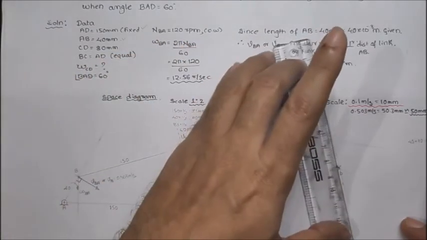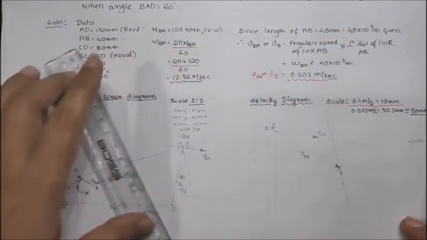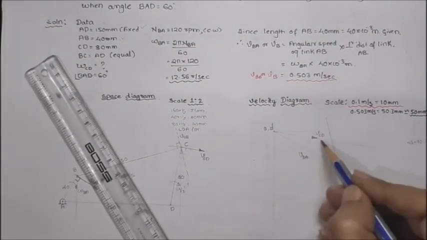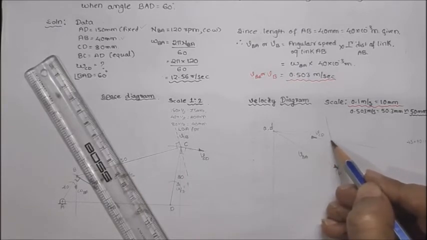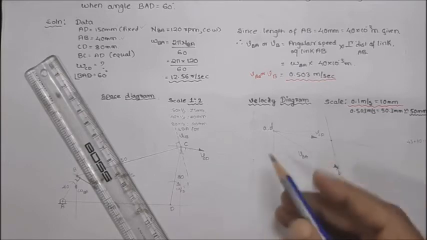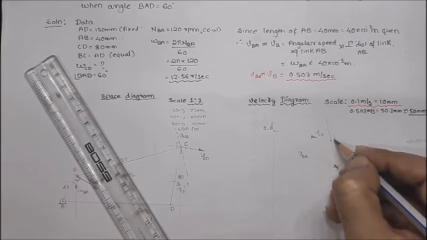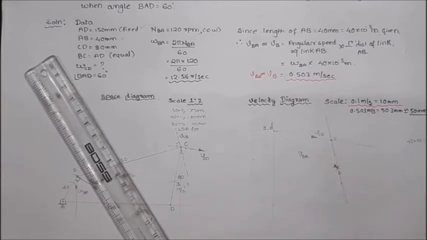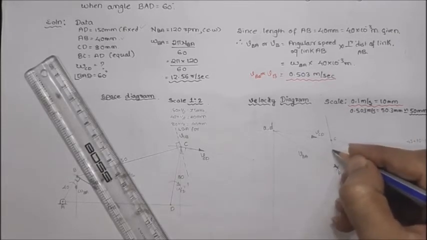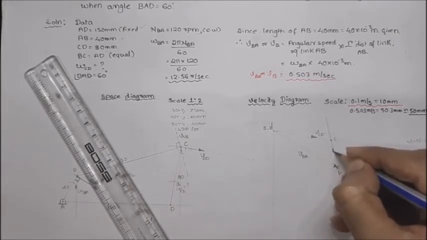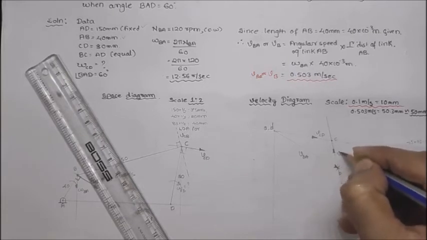Most of the case it will be parallel itself only, if you have measured it correctly. So these two lines are going to meet at one particular point. So this is A, this is B, and now we are left with a small letter C. And here this will be our velocity of C with respect to B.